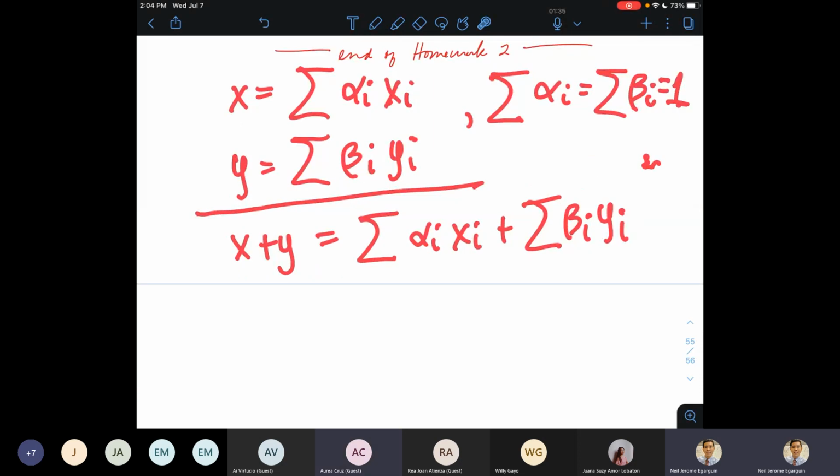Na obviously linear combination pa rin siya, tama ba? Pero pag sinama mo na yung scalars, ano na yung scalars natin dito, yung sa linear combination ng X plus Y? Parehas na, yung mga alpha at mga beta at the same time. Tama? So this is a linear combination.